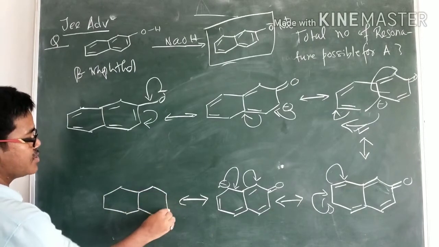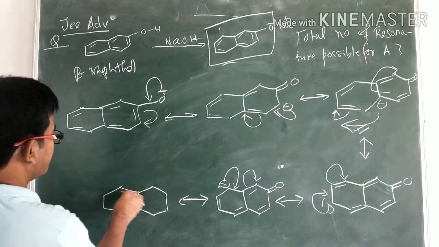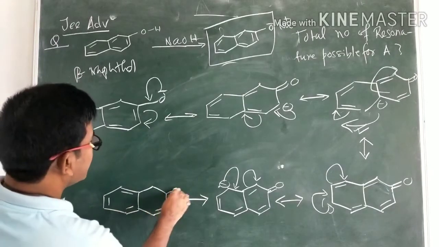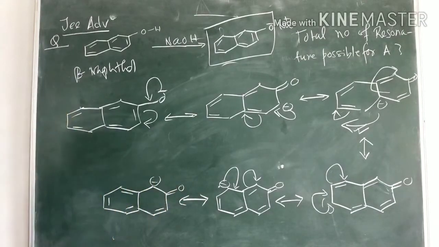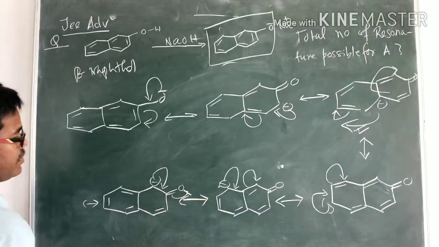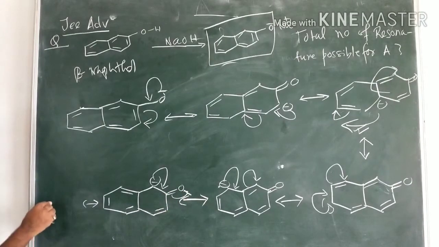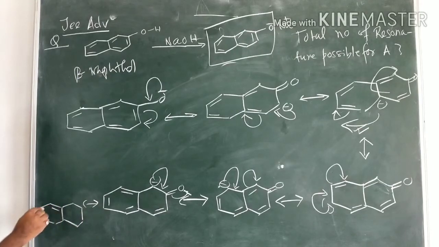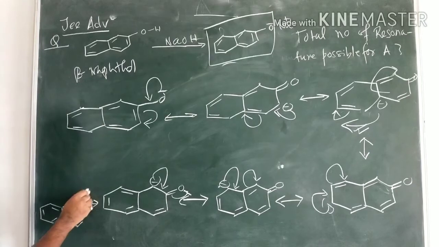Here double bond, here double bond, here double bond, here double bond, here double bond, this carbon is negative. Similarly, for the next structure, the negative will make a double bond, these double bonds will make this atom negative. Therefore, we'll be getting it like this. Other bonds will remain as they are, no changes. We are getting here this oxygen will become negative again.